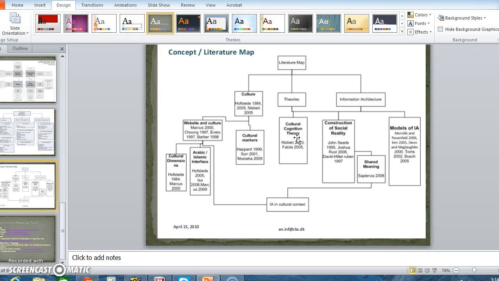This fear because of 9/11 caused many people's cognition and their construction of reality to shift into one of being fearful of a certain demographic because of a few individuals. And this happens all the time, right? This is racial profiling. And a lot of research has actually been conducted since then because of that.